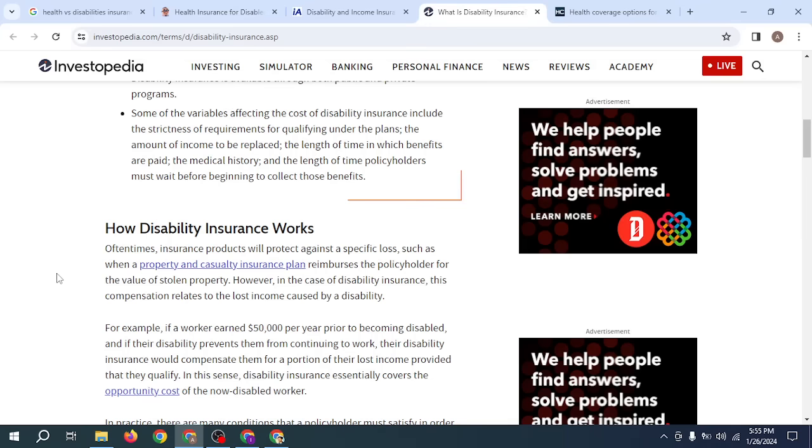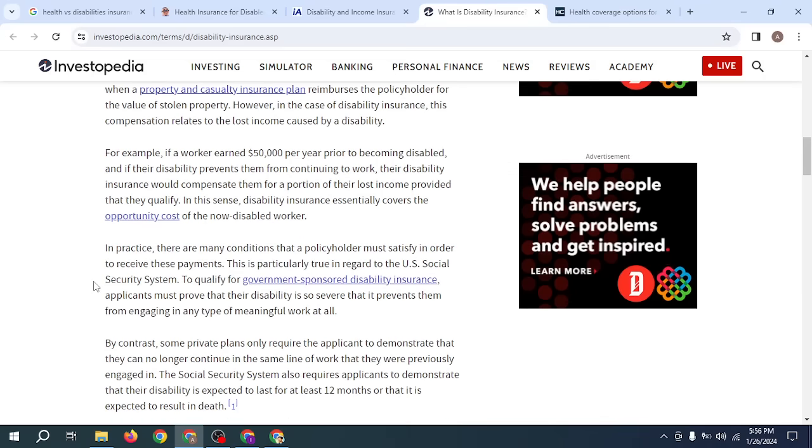Oftentimes insurance products protect against a specific loss, such as when a property and casualty insurance plan reimburses the policyholder for the value of stolen property. However, in the case of disability insurance, the compensation relates to the lost income caused by a disability.